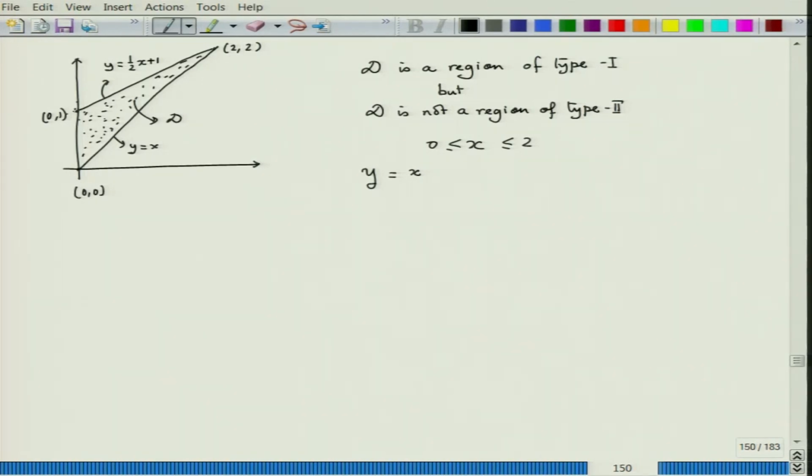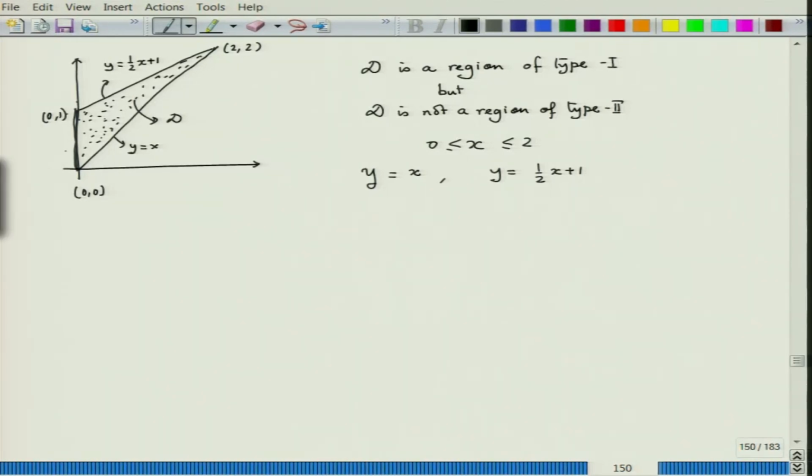So, there is a third entity coming in, not just these two lines, two functions, which I can express as y equal to x and y equal to half x plus 1, which I can write as x equal to 2y minus 2. So, x goes from 2y minus 2 to x equal to y.